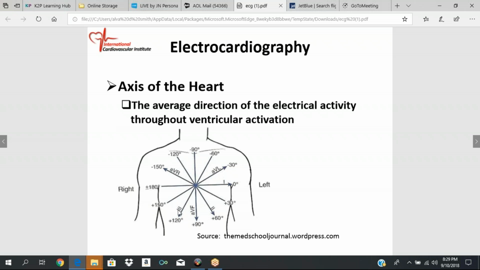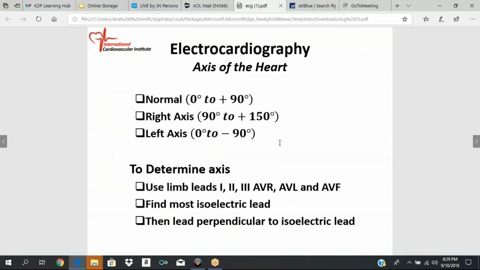If the axis is plus 90 to plus 150, we call that right axis deviation. If the impulse is up in this quadrant now, say from 0 to minus 90, we call that left axis deviation. All right. And just by having axis deviation, that can tip us off if there's any disease going on, and the type of disease, as a matter of fact, that the heart is subjected to.